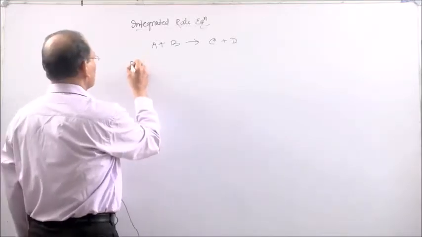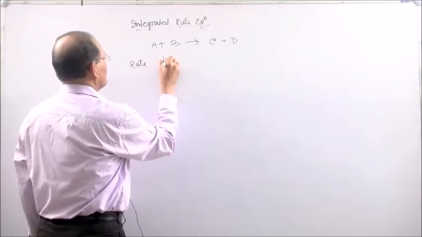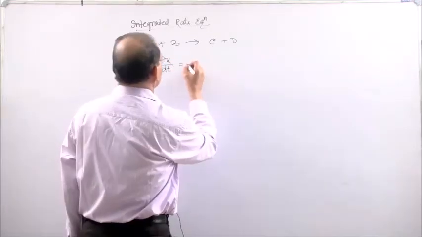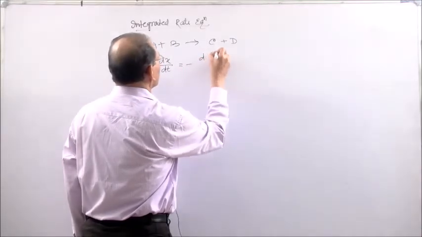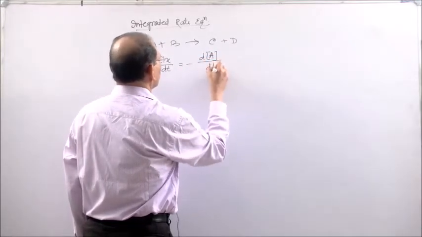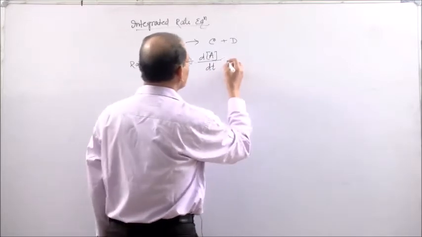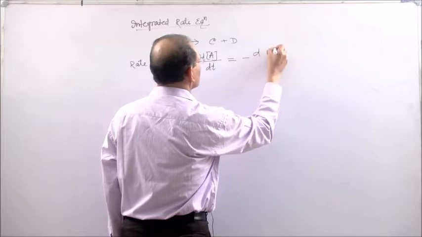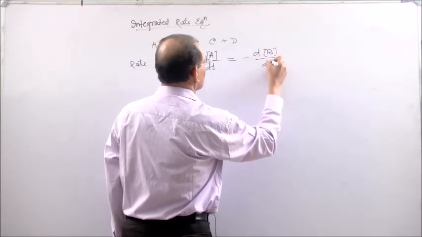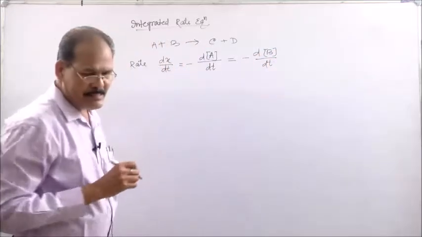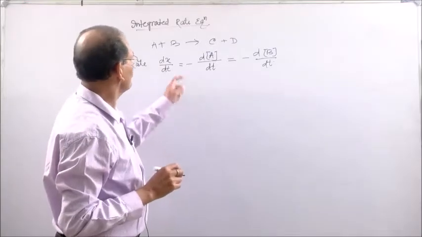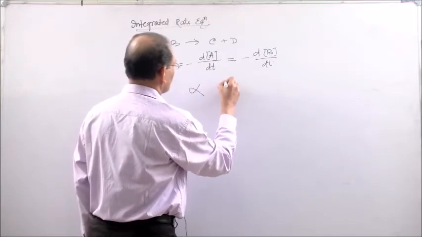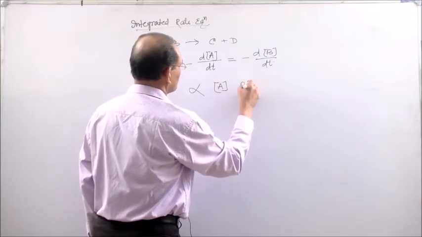So the rate is dx by dt, that is, the molar concentration of any one of the reactants is decreasing, and that is directly proportional to the concentration of the reactants, that is concentration of A and concentration of B.